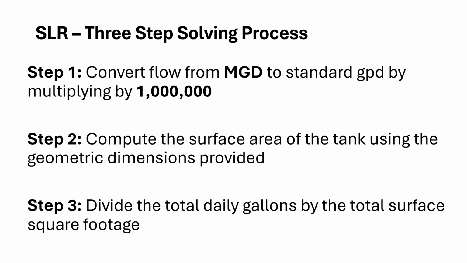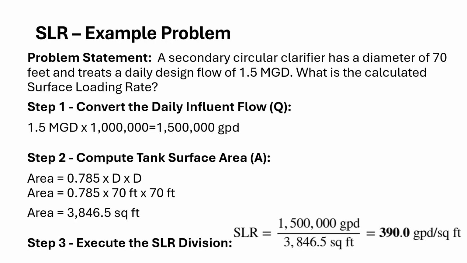And here's an example. Here's our problem statement. A secondary circular clarifier has a diameter of 70 feet and treats a daily design flow of 1.5 million gallons per day. What's the calculated surface loading rate? Well, the daily influent, we get it in 1.5 mgd.